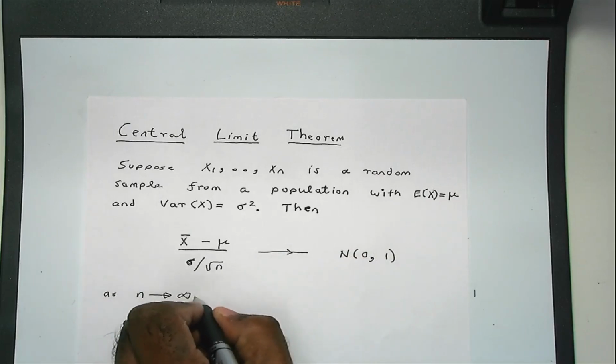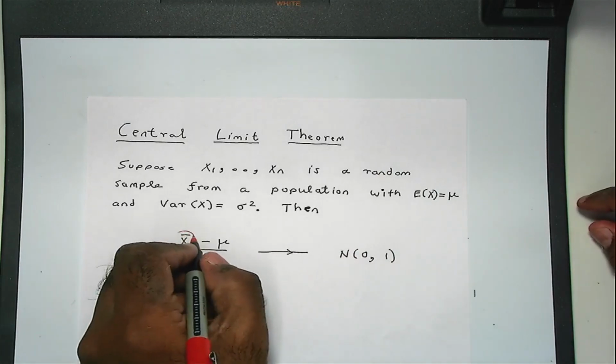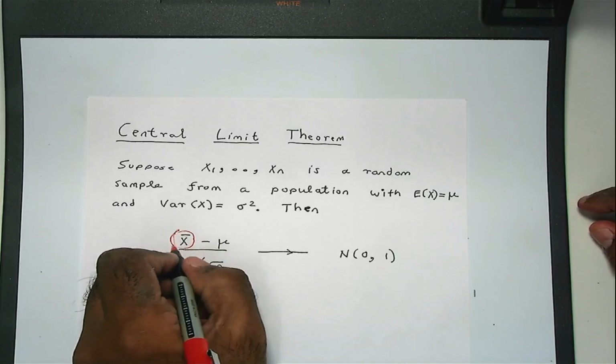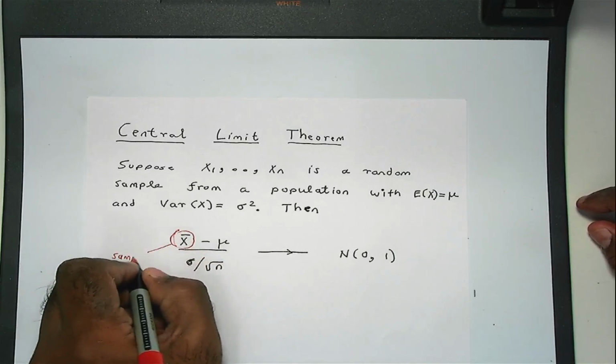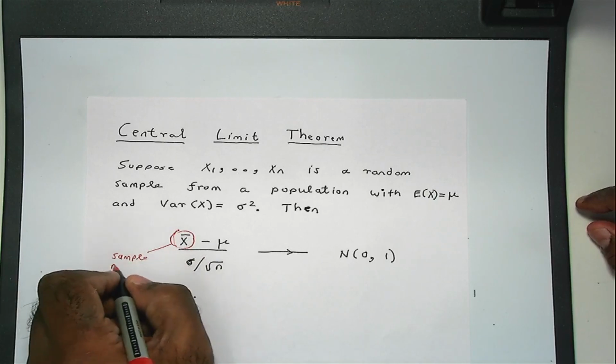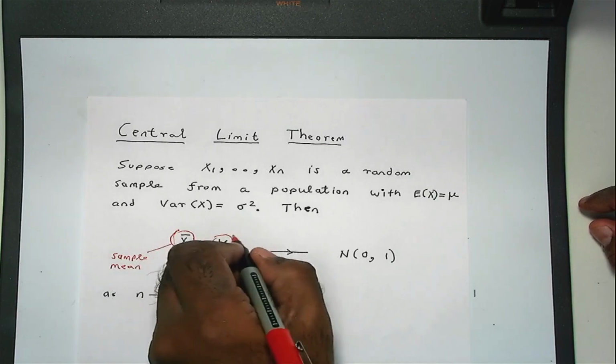Right, so some of you probably know this already. So x bar is the sample mean. And mu is the population mean, as we just mentioned.